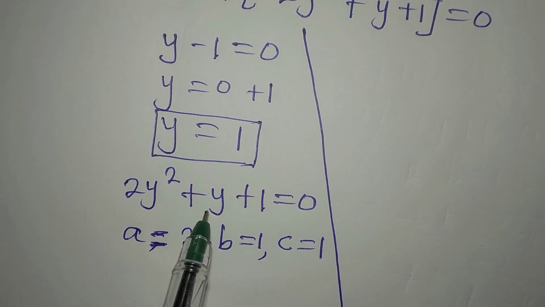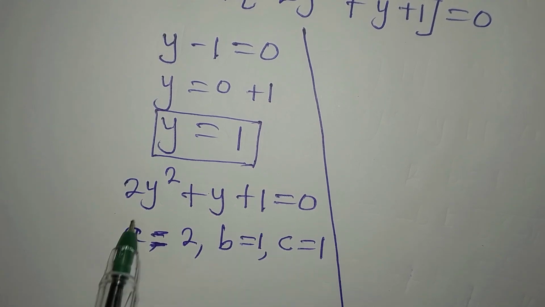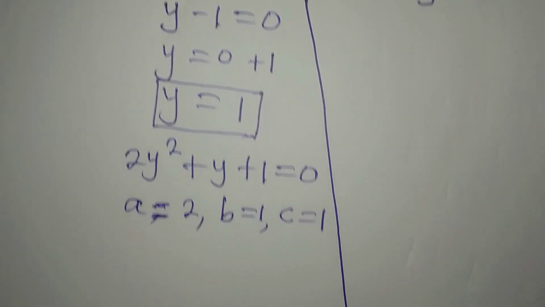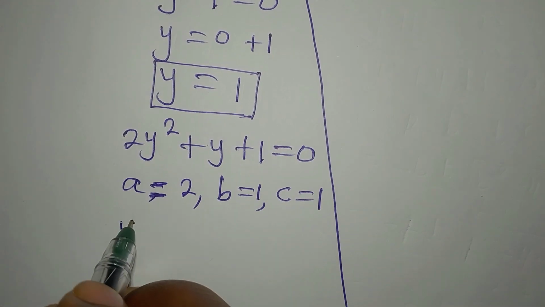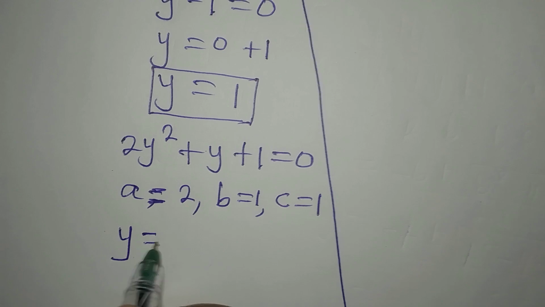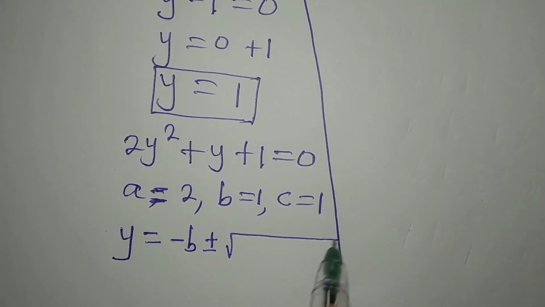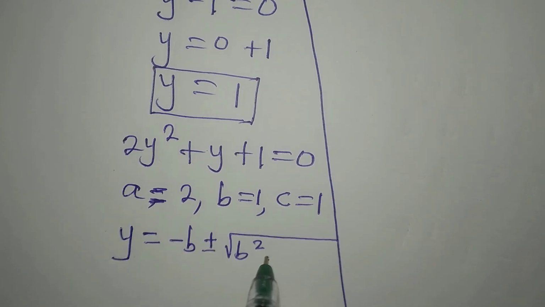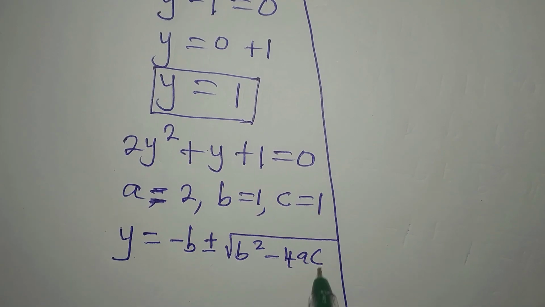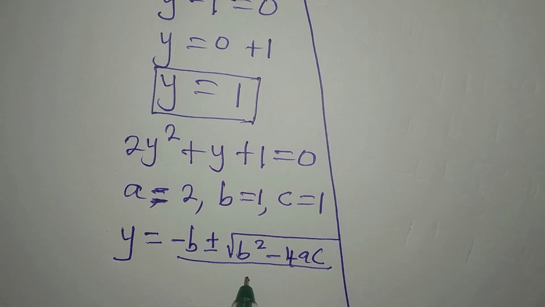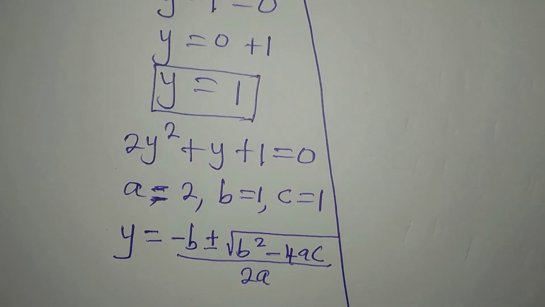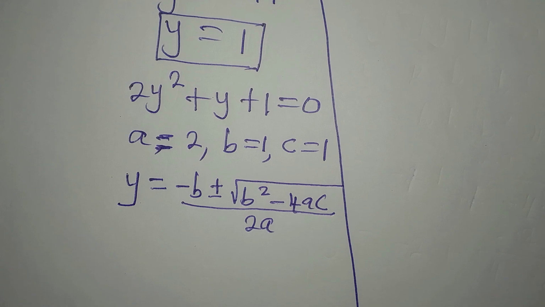B is the coefficient of y and c is a constant. A is this. So what is the formula then? The formula is y equals minus b plus or minus the square root of b squared minus 4ac, divided by 2 times a.